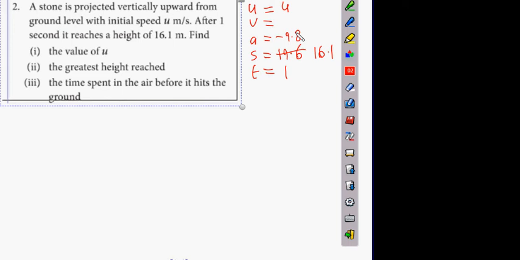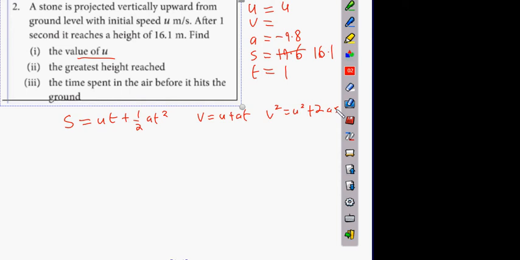Your whole point is to find out what u is. You want u, you have a, s, and t. It makes sense to use s equals ut plus a half at squared. So you have 3 choices of formulas, and the whole point of the question is to find the value of u.